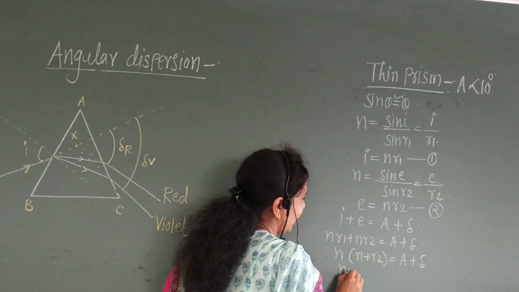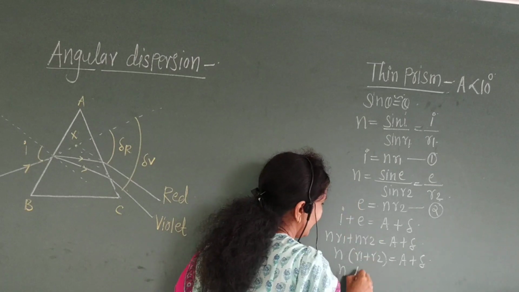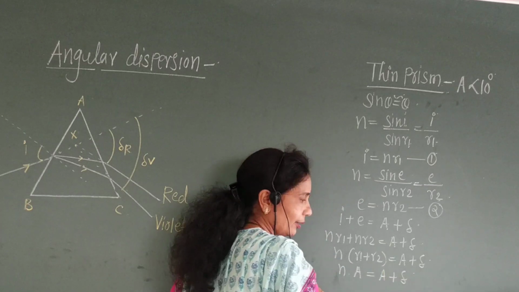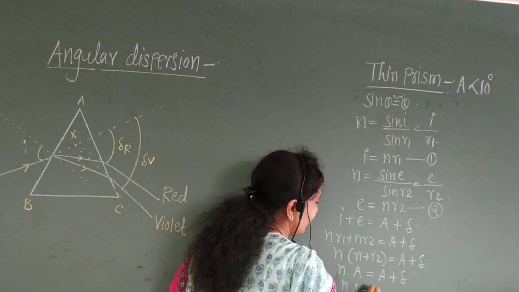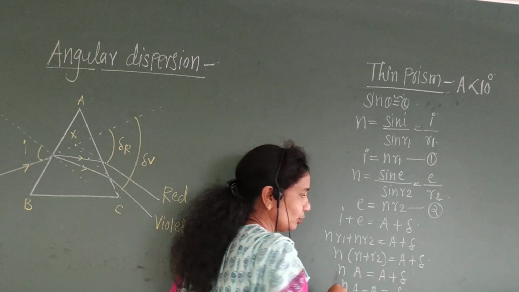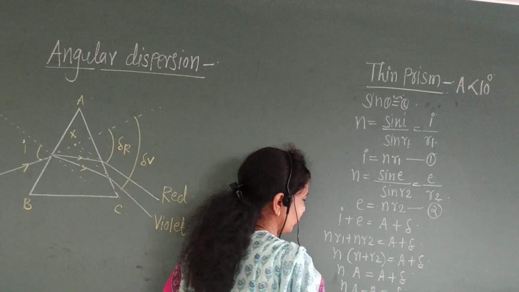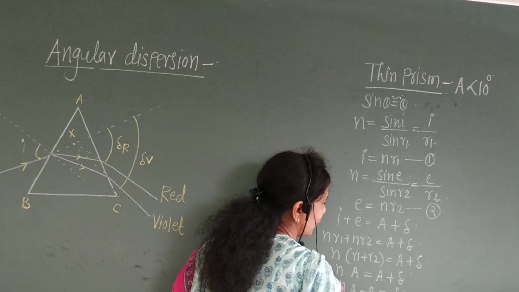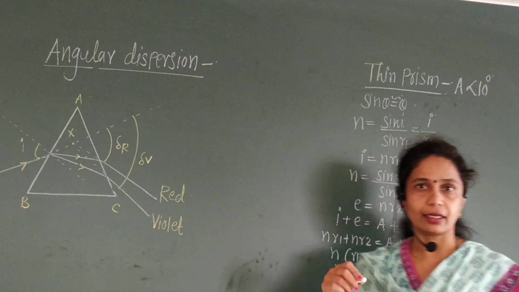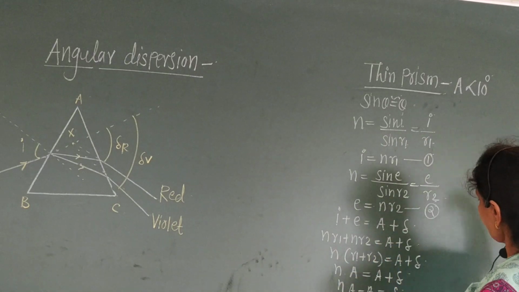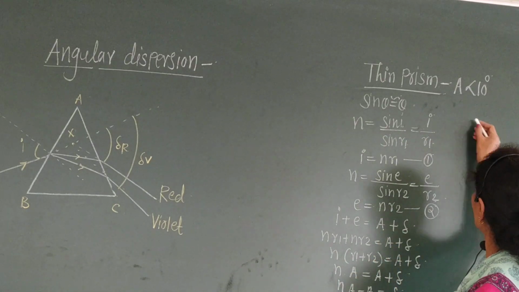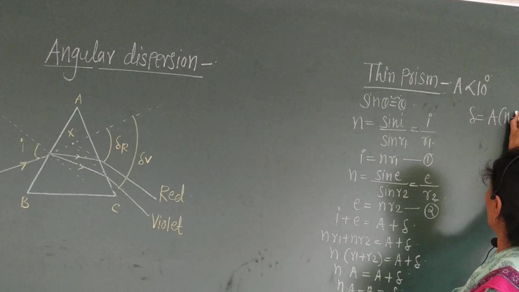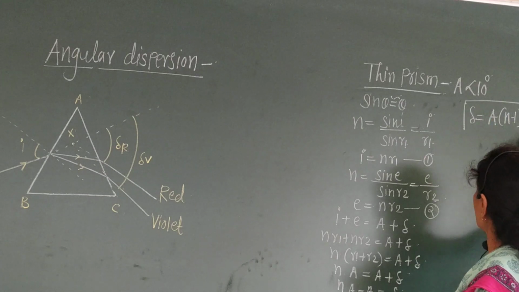Since R1 plus R2 is A, nA is equal to A plus delta. Therefore nA minus A is equal to delta. A is common, so A into n minus 1 is equal to delta. Therefore delta is equal to A into n minus 1.